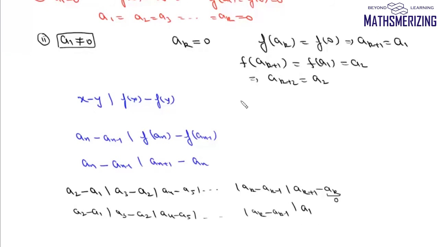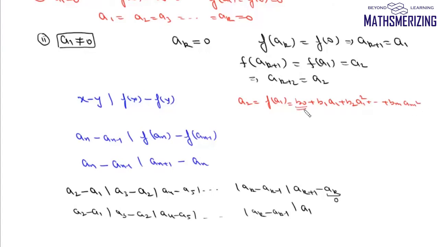We can also say that a2 is f(a1), and f(a1) is b0 plus b1 a1 plus b2 a1 squared, up to bm a1 to the power m.